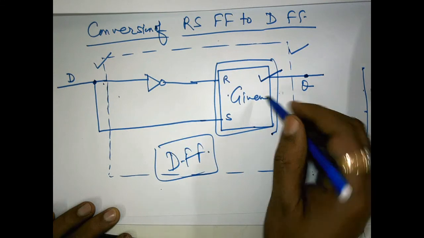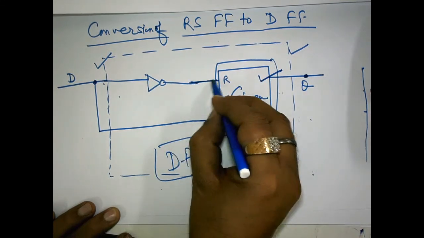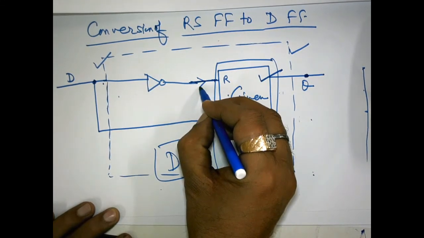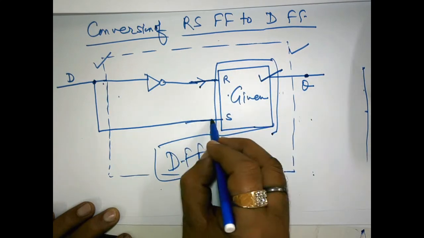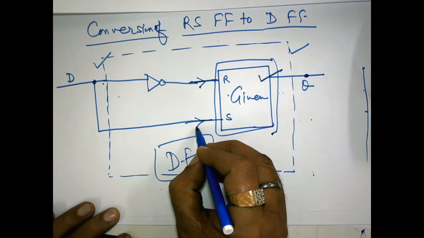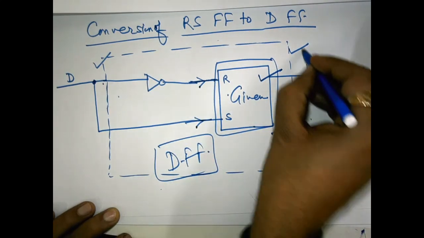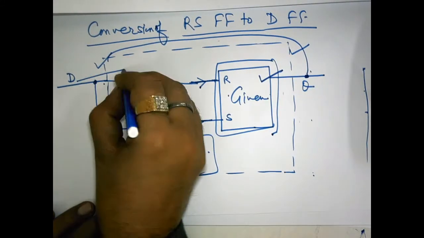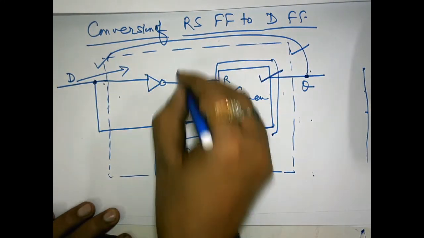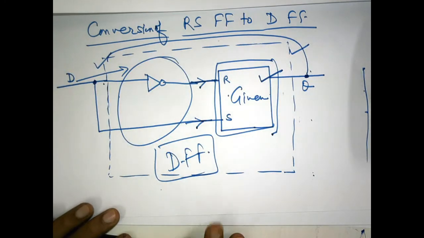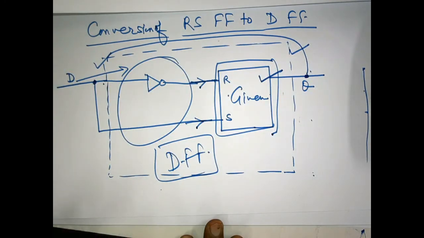Now this R input is excited by those input combinations, and this S input is excited by those input combinations, with the help of Q and D. And this is the required combinational circuit which is fulfilling the job. So this way you can convert any given flip-flop into any desired flip-flop.